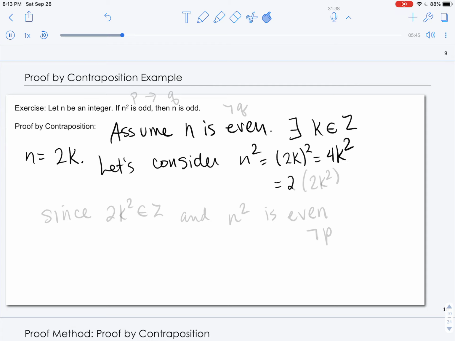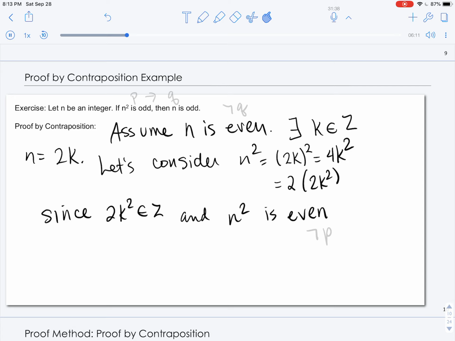We can factor out a 2, and we will get 2 times 2k squared. Since the integers are closed under multiplication, we know that 2k squared is an integer. And since we have expressed n squared as 2 times another integer, n squared is even.